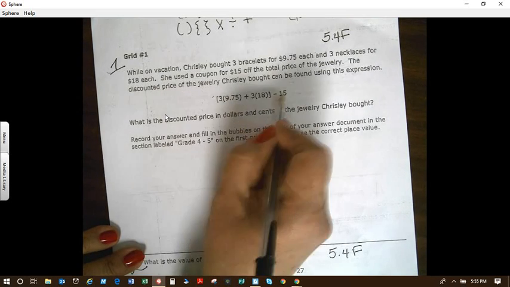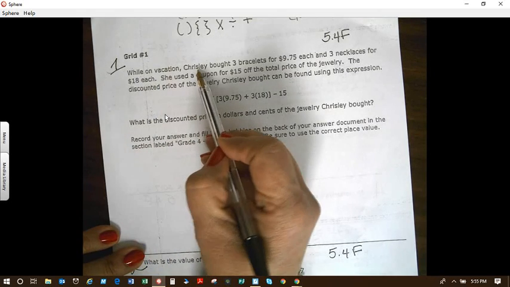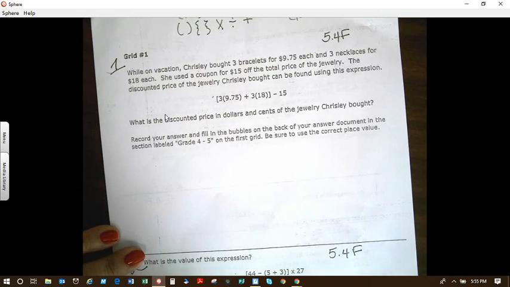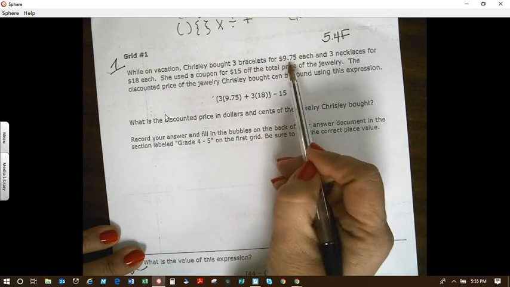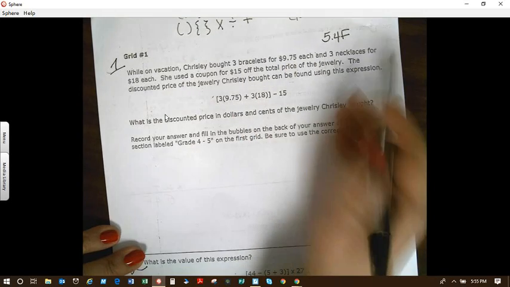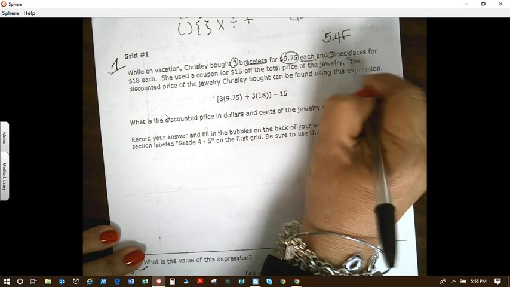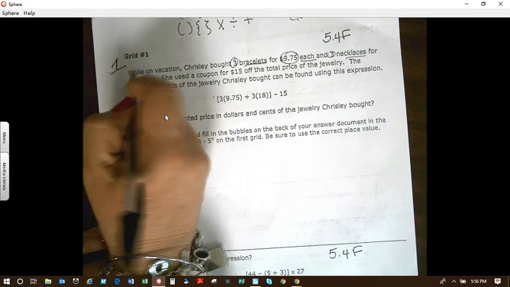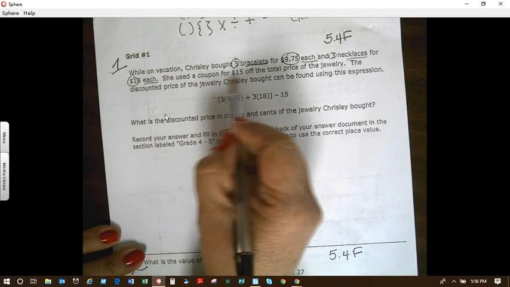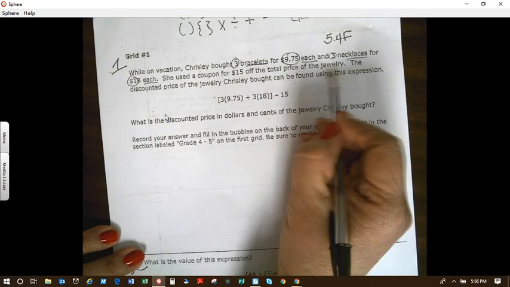I'm going to bring this back down. It says, while on vacation, Chrisley bought 3 bracelets for $9.75 each and 3 necklaces for $18 each. She used a coupon for $15 off the total price of the jewelry.